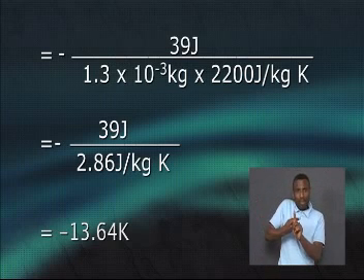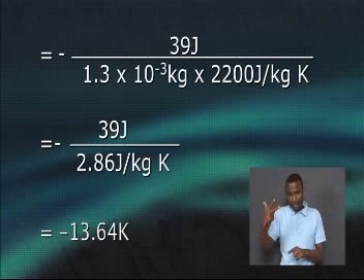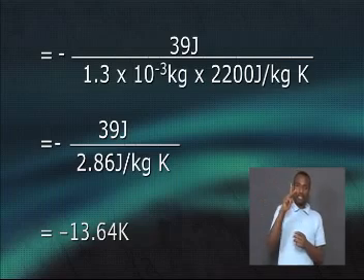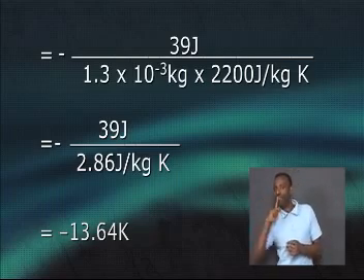The temperature of the ammonia gas has decreased by 13.64 Kelvin. Did you manage to get the same answer? If so, great job. If not, review this question after the lesson to be sure you understand all of the concepts.